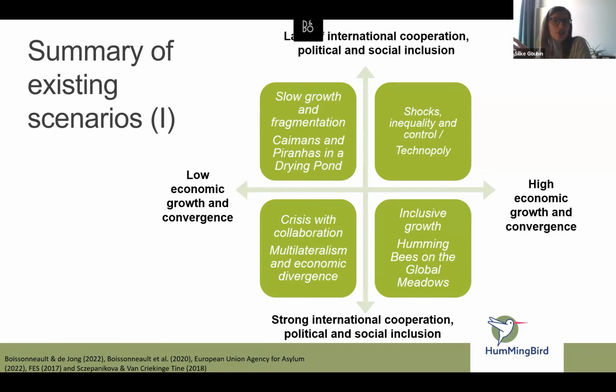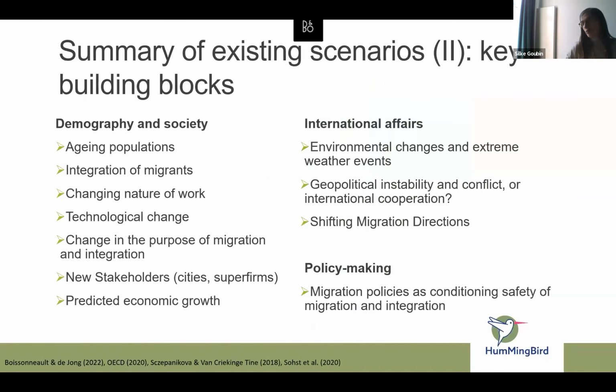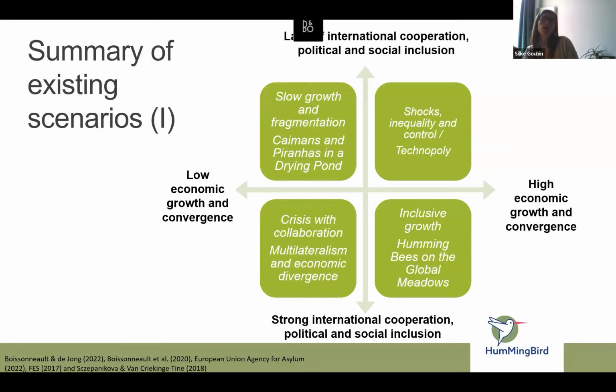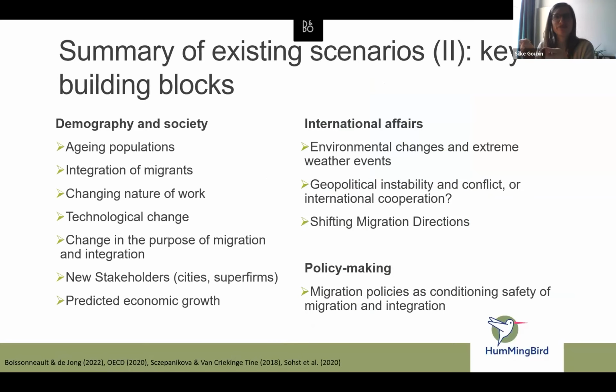So for those not familiar with scenarios, these are this type of storylines that are developed. And while almost all of the existing scenarios are based on this economic growth, international cooperation, political inclusion perspective, there's more meat that can be put to the bones of those different types of stories.